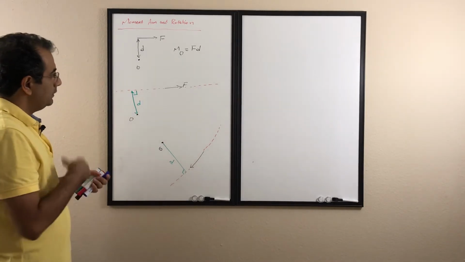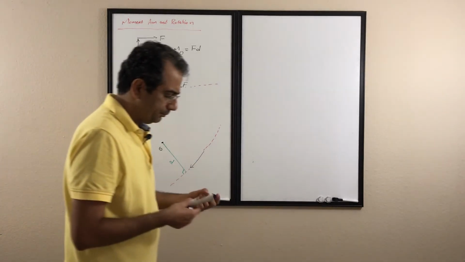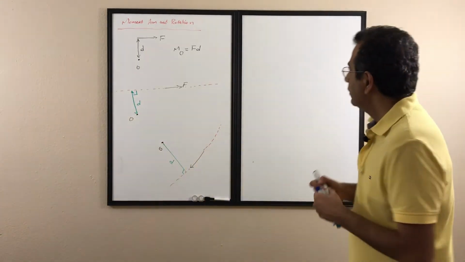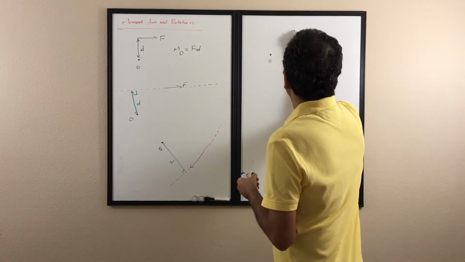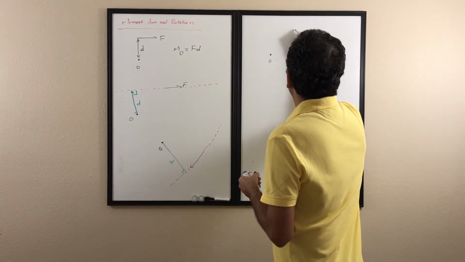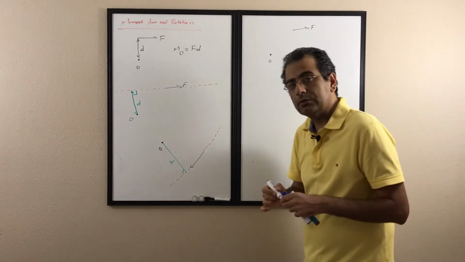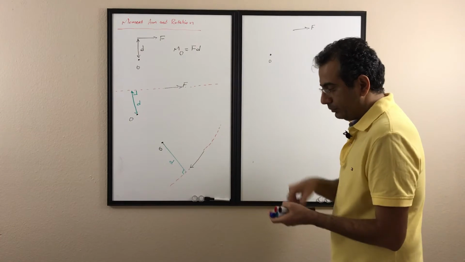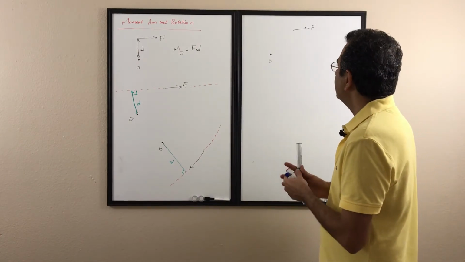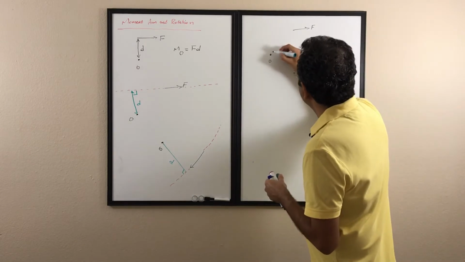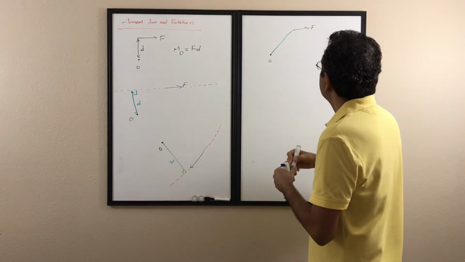About the rotation, it's which direction it is going to rotate. Anytime you have a force like that at the point O, and you want to know whether it rotates clockwise or counterclockwise, eventually you will get used to it and you won't need to do this, but initially it's good to assume there's a rope connected from point O to the end of the force.